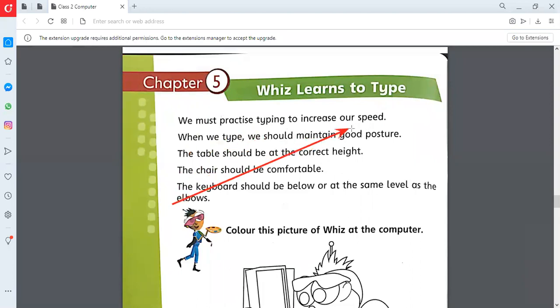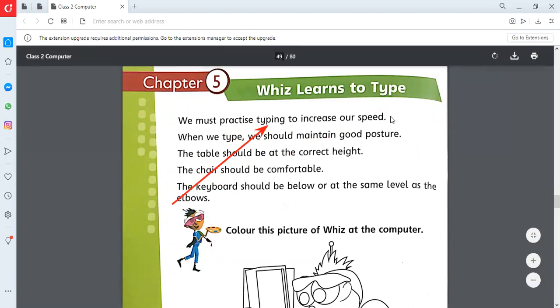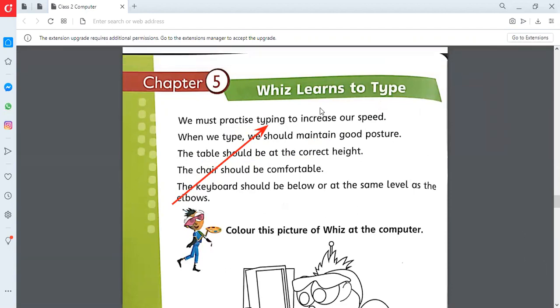to increase our speed. We must practice what? We must practice typing to increase our speed, so that our typing speed will become more and more. For example, if someone starts running or wants to participate in any race, they need to practice.